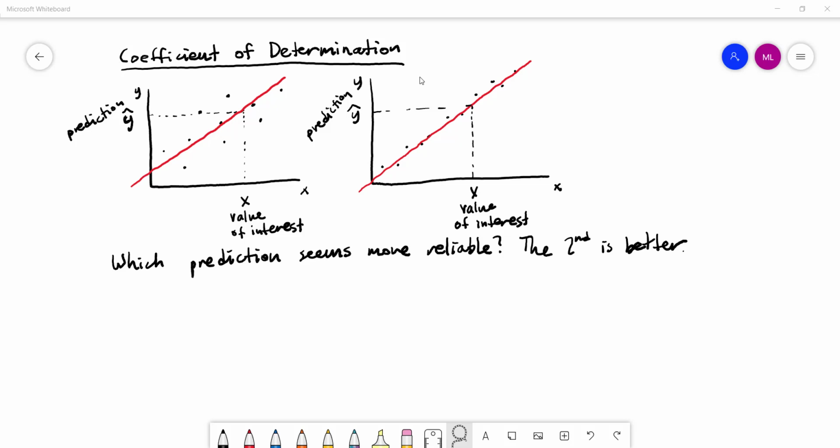It is going to be a way of quantifying which of these two different graphs and these two different least squares regression lines is going to do a better job of predicting the outcome. And the gist of the idea behind it is the less spread out the points are, the closer they stick to the line, the better that line is going to be at making predictions.